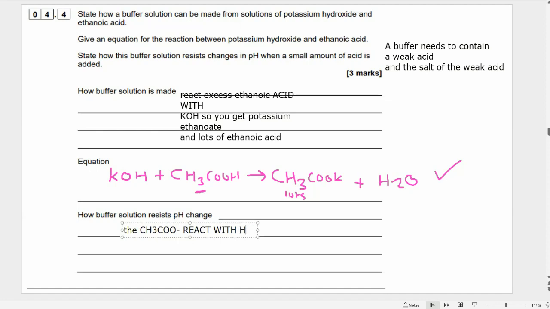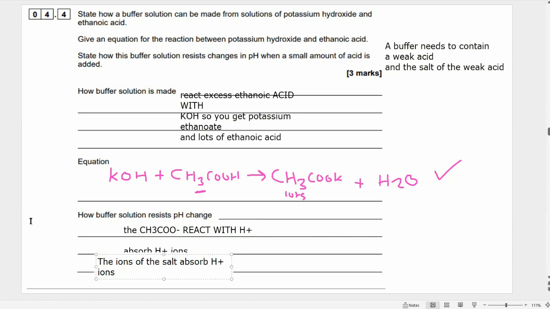Absorb hydrogen ions. So essentially the hydrogen ions get taken out. They cause a shift in the equilibrium, but really you want to just look at the ions of the salt. So if you were putting a more general one, not to this one, the ions of the salt absorb hydrogen ions. And that's our answer.